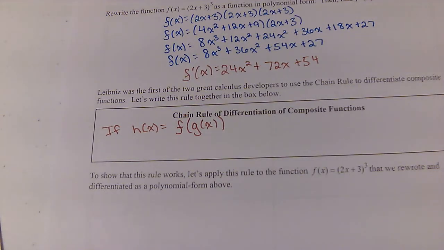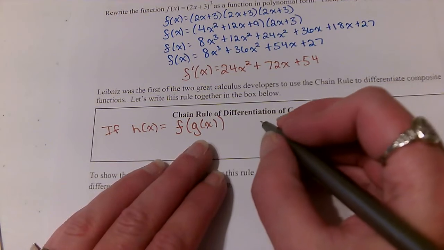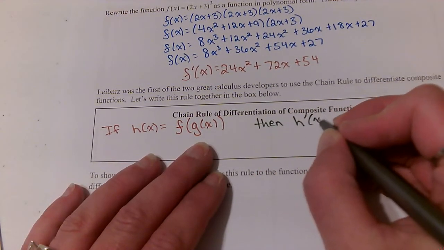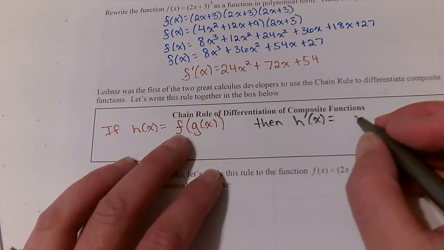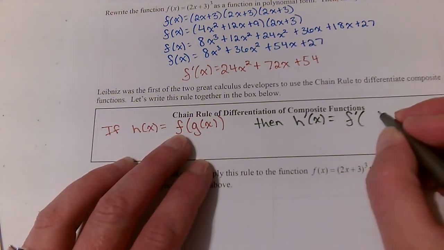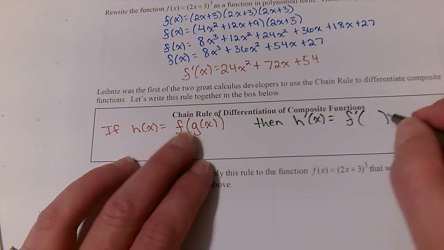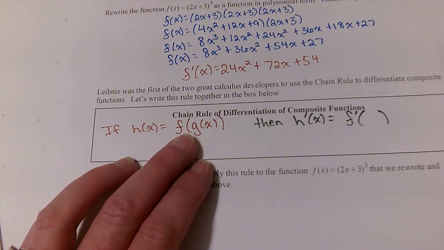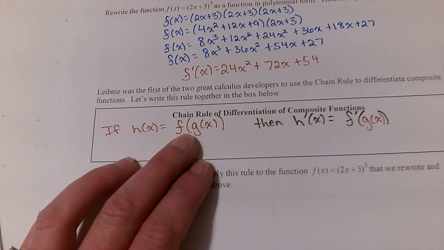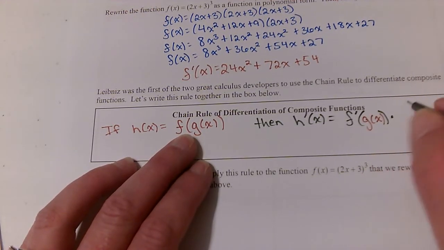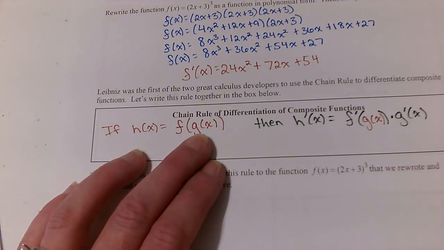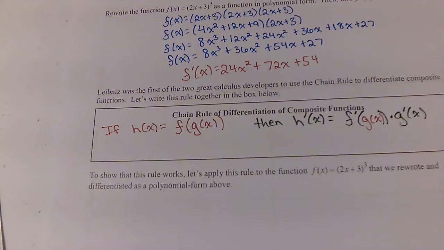So I'm going to find the derivative of h to be, if I take the derivative of the outside, keeping g of x just like it was, and then multiply that by the derivative of the inside. Let's show that that works.